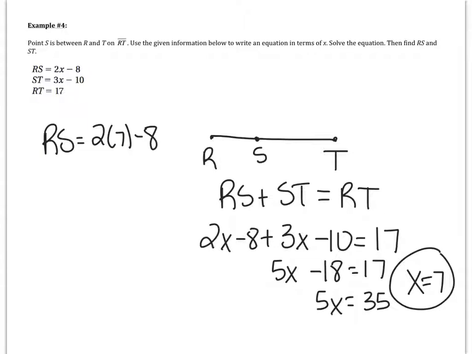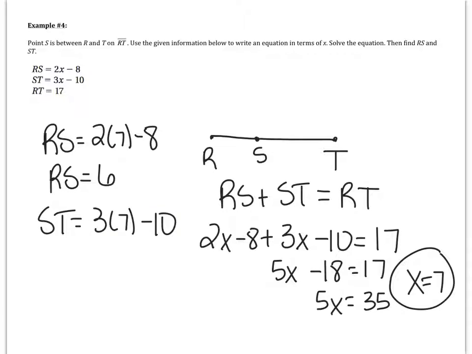So 2 times 7 is 14. 14 minus 8 is 6. So RS equals 6. And for ST, I'm going to substitute the 7 in, so I have 3 times 7 minus 10. 3 times 7 is 21. Minus 10 would be 11.